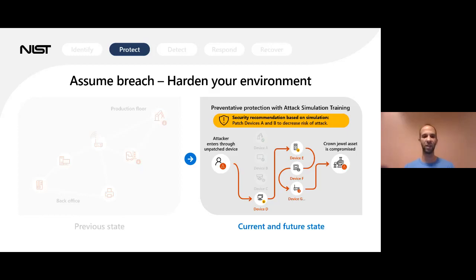So we're not just saying patch all the CVEs that you have in your organization, but we focus on the main devices that are in the path of the attack vector and give you a justification to perform focused mitigation on those specific devices.